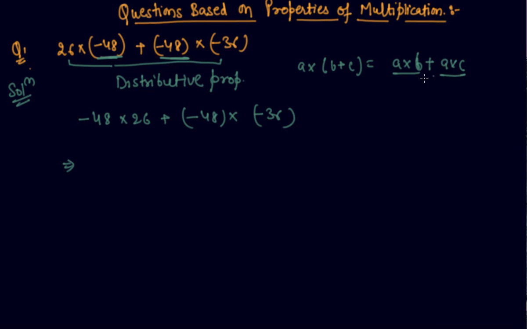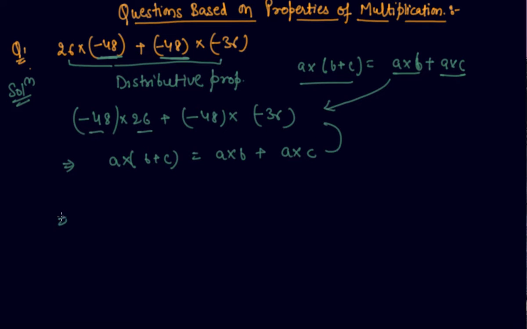So this is the RHS we are getting here. This is A into B, and A into C. So I can write this as A into B plus C is equal to A into B plus A into C. By comparing these two equations, I can write this equals minus 48 into 26 plus minus 36.